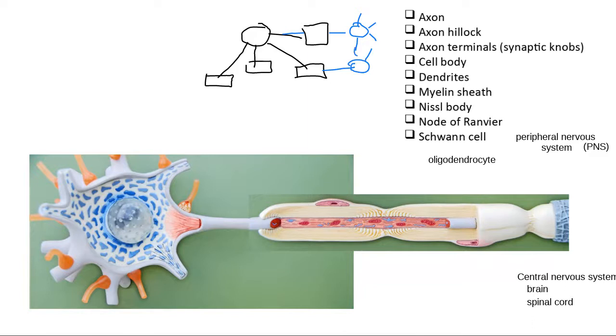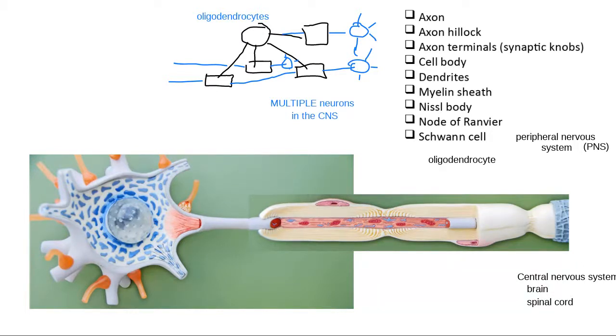So I've got neurons here that have an axon. When we talk about oligodendrocytes, they make myelin sheaths around multiple neurons at the same time. So multiple neurons, and they're found in the central nervous system, in the CNS.